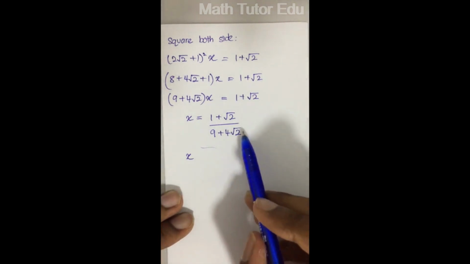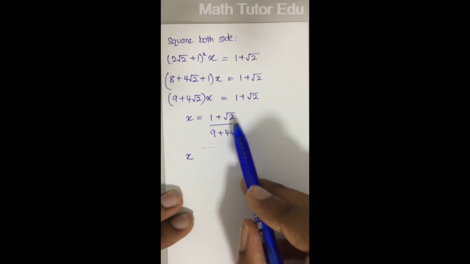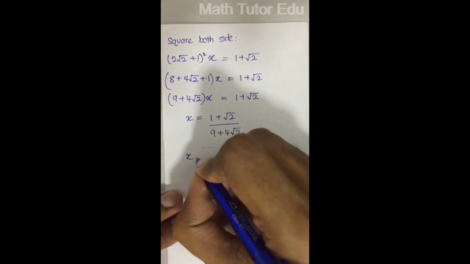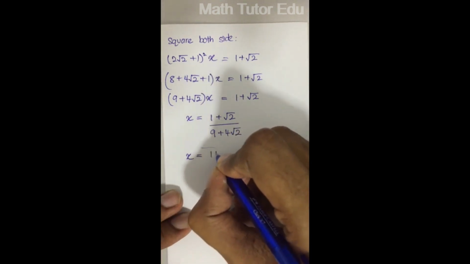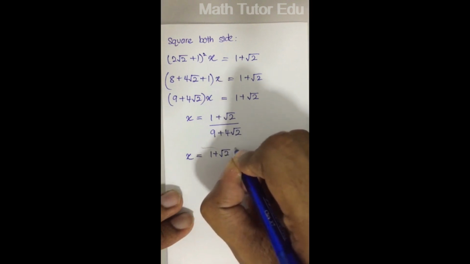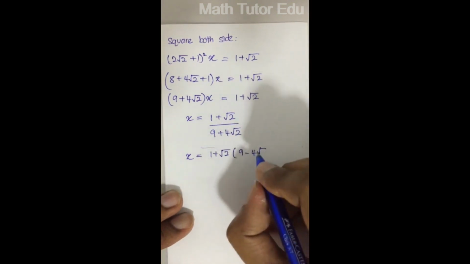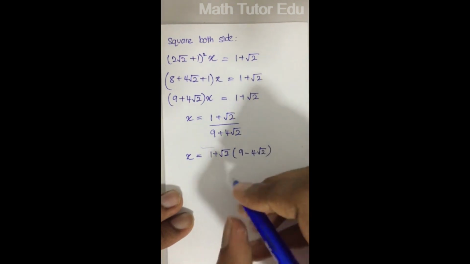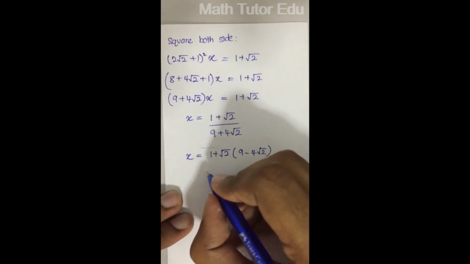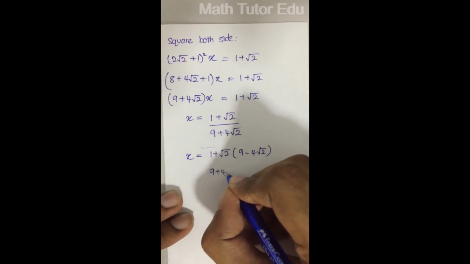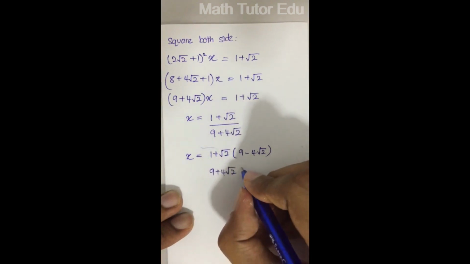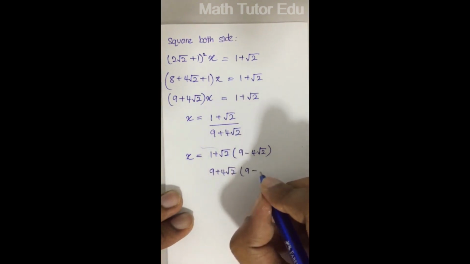So we're going to times the denominator as well as the numerator. So from here, x equals 1 plus surd 2 times 9 minus 4 surd 2, close bracket, divided by 9 plus 4 surd 2 times 9 minus 4 surd 2.